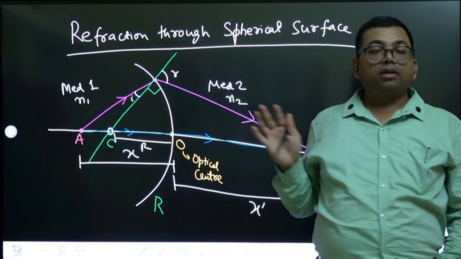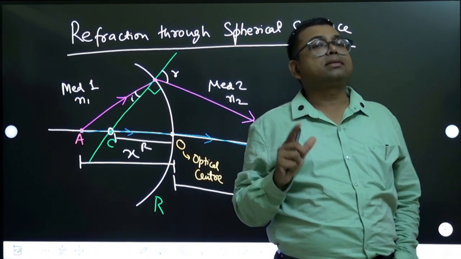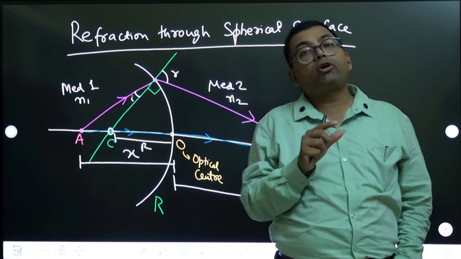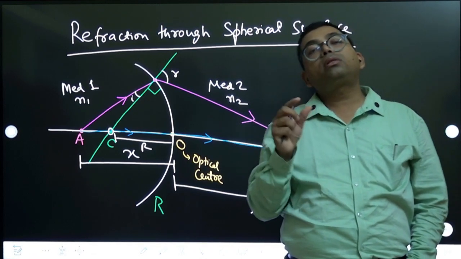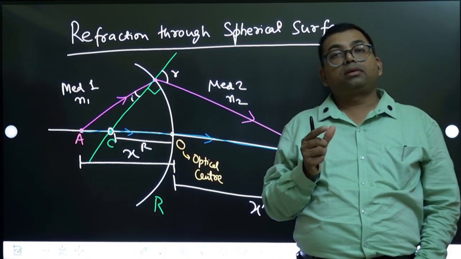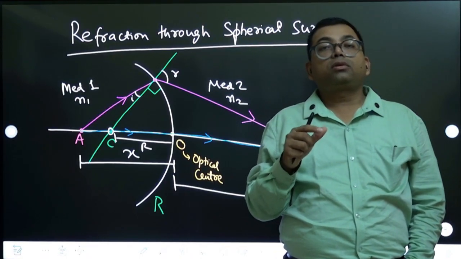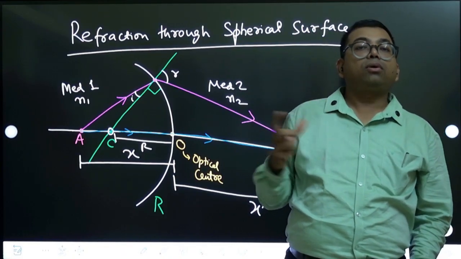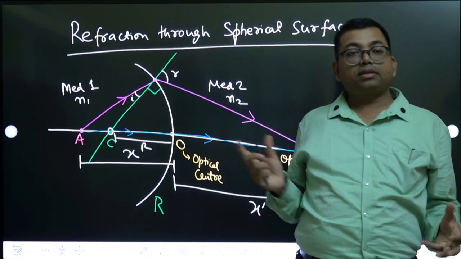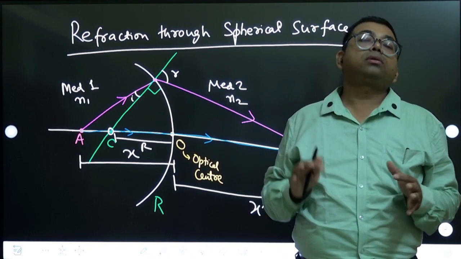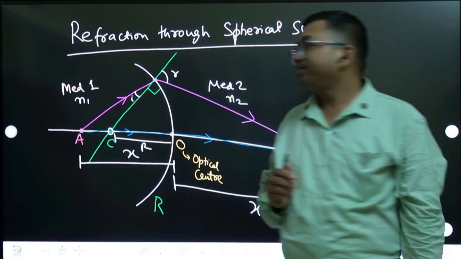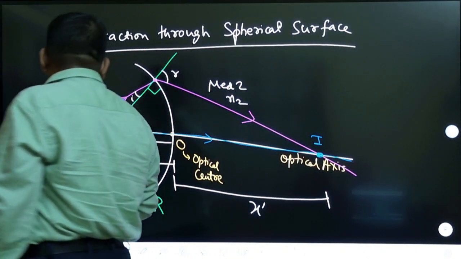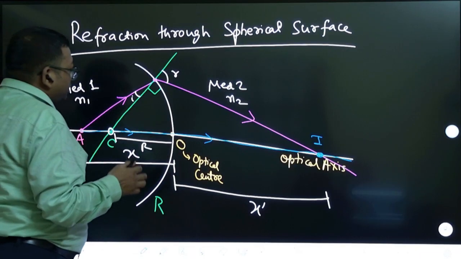We are not taking sign right now, we are taking distances. Whenever we derive a formula, we take all of these as distances. Afterwards we put in the sign convention and take plus or minus later. First, x, x dash, r, all of these are distances. Then find the relationship between them.